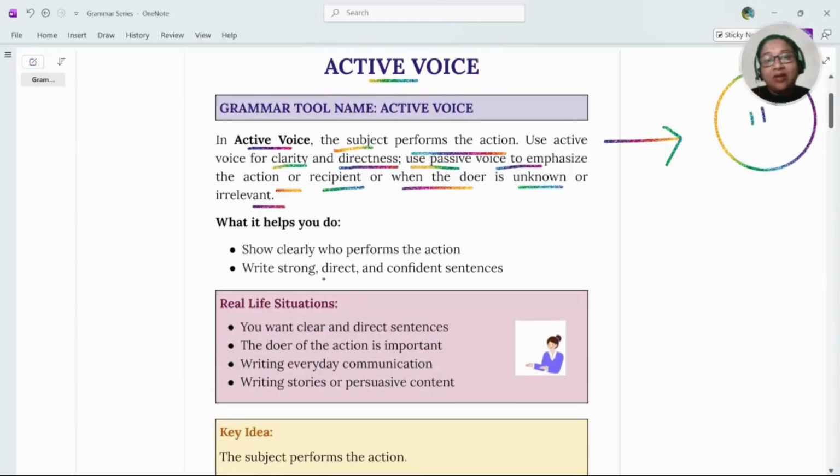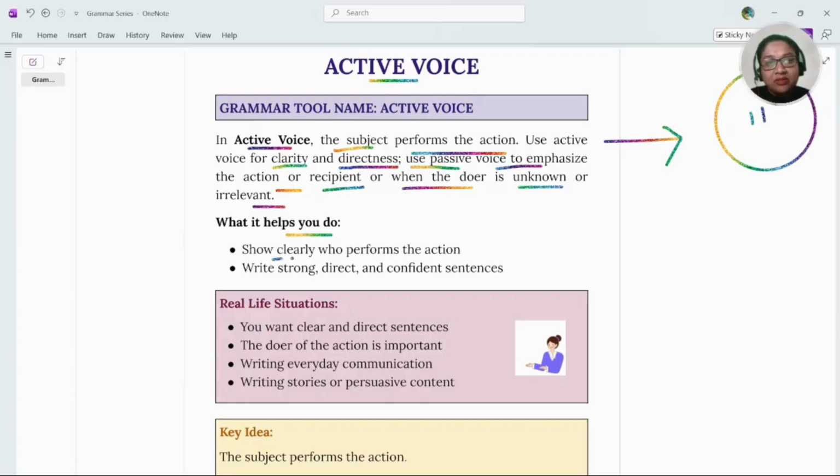Okay. So now the next point that we need to understand is, what does active voice help you to do? Active voice helps you to show who performs the action. It helps you to understand who the subject is, who's the main character of the whole story. All these points are clearly enclosed when you're looking at active voice.